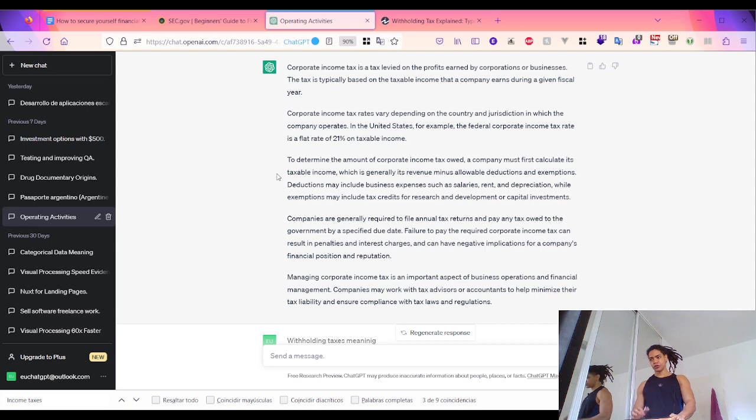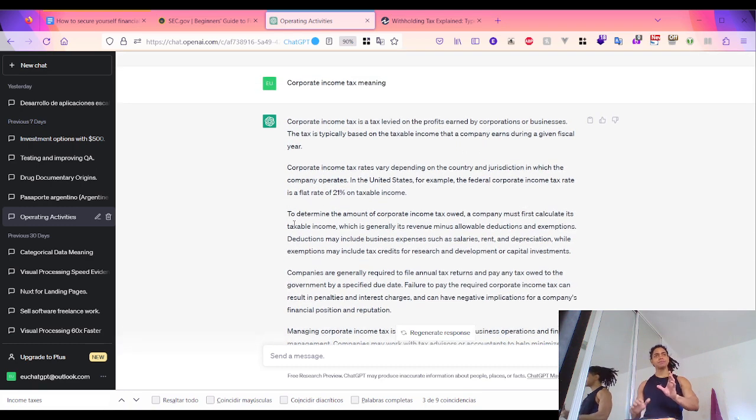Okay, so to determine the amount of corporate income tax owed, a company must first calculate its taxable income, which is generally revenue minus allowable deductions. But in any case, this is going too deep into the rabbit hole, and I don't want that.